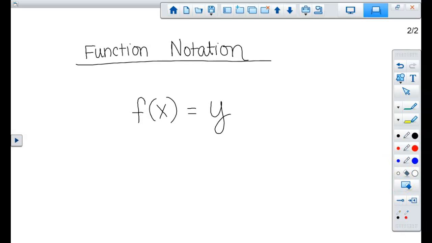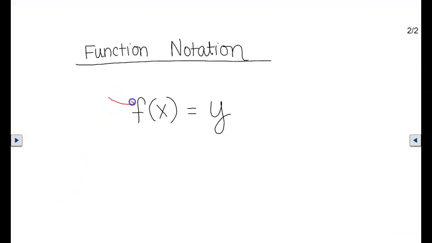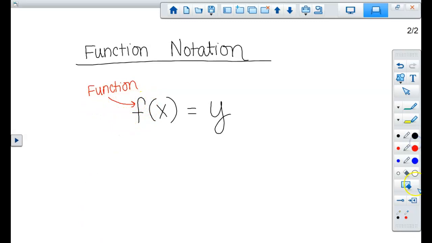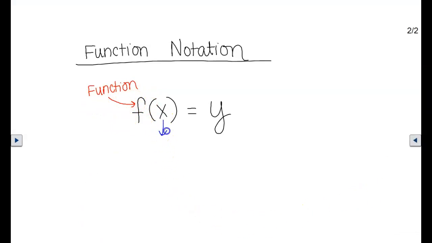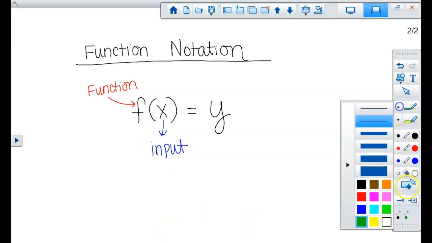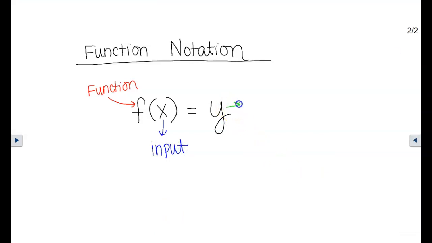Now here's what this statement is saying. It is saying that a function named f, so a function named f, takes an input value x and produces an output value y, which is how we know this operates.